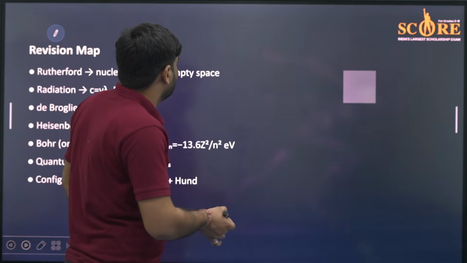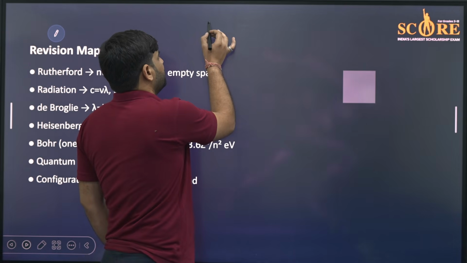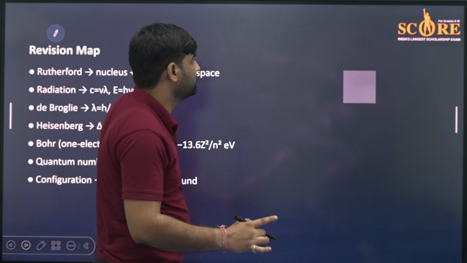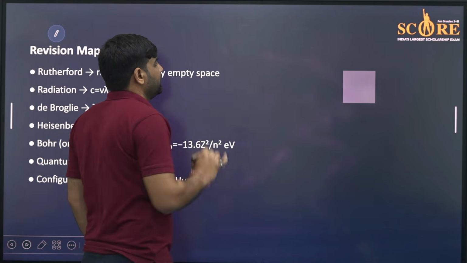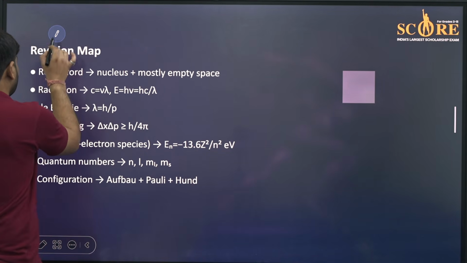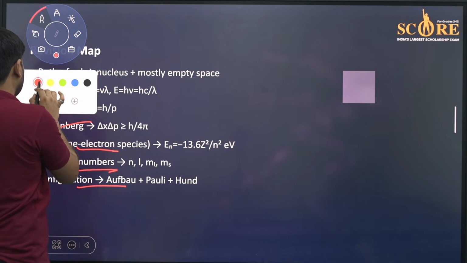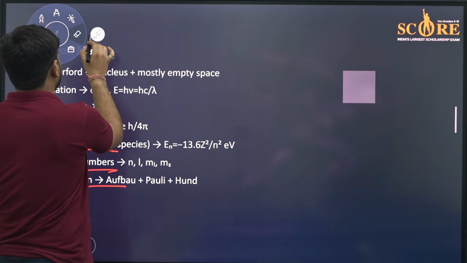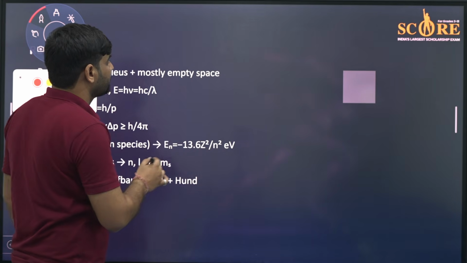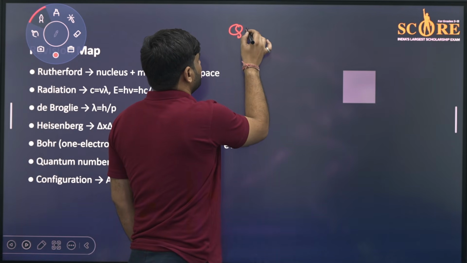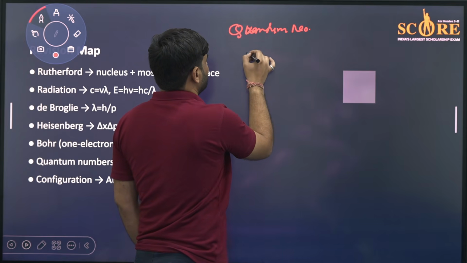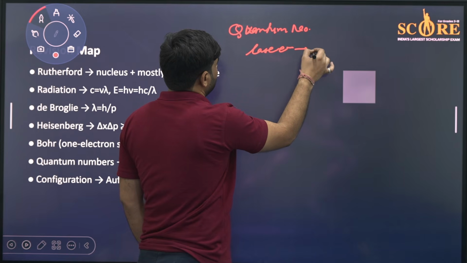So first, what are all 4 quantum numbers of the last electron of sodium? Question is what? All 4 quantum numbers for the last electron of sodium.